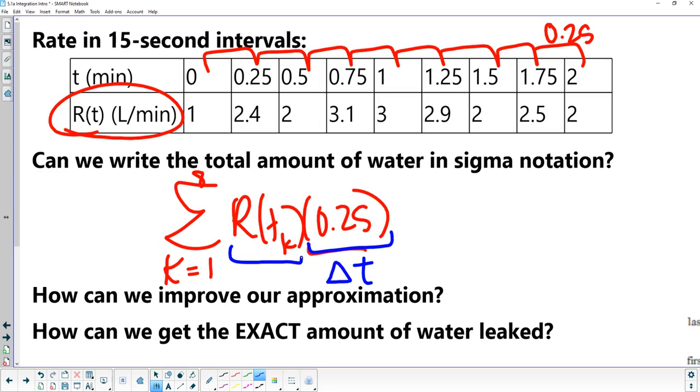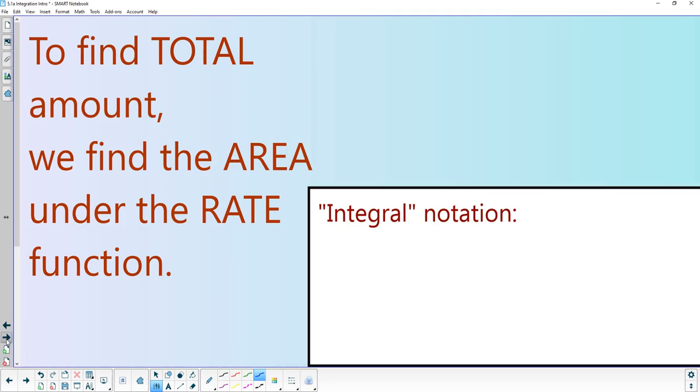What happens as we take the infinite case, the continuous case versus the discrete case, okay? So how can we get the exact amount of water leaked? Infinite number of rectangles, right? So this is what an integral is: the sum of an infinite number of rectangles, okay?